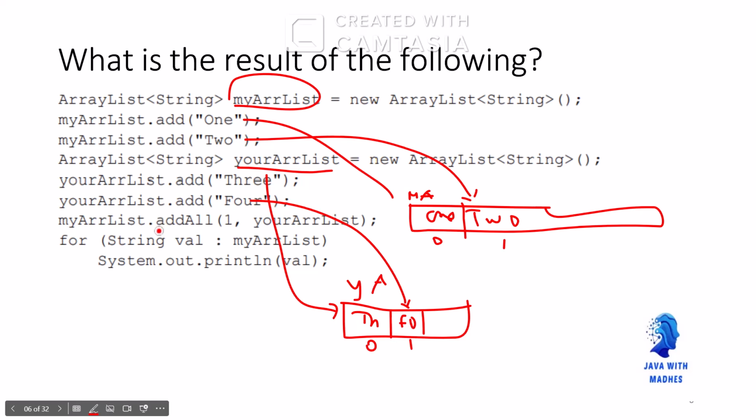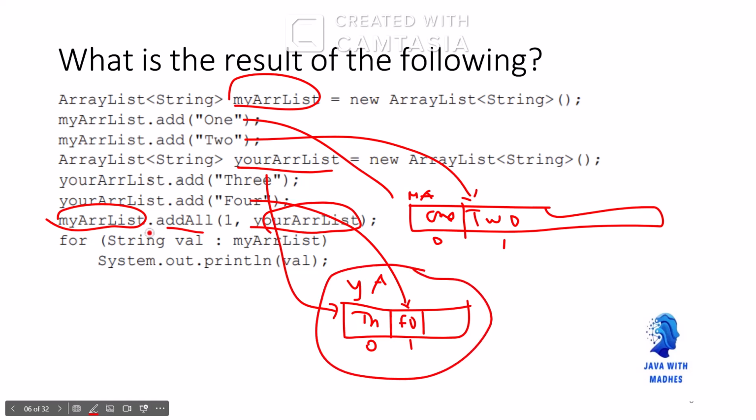Now what this line tells is that we are adding all the elements of your array list to my array list. I want to add from which index onwards we have to add.